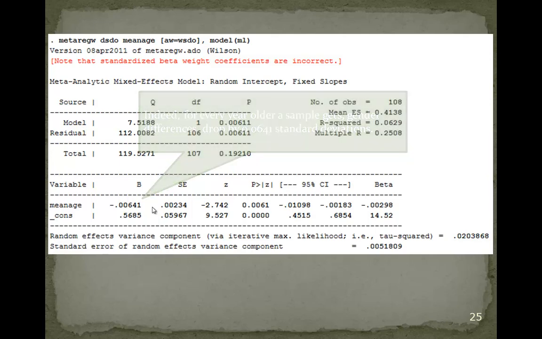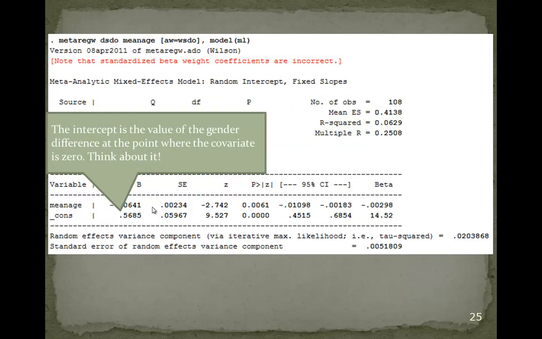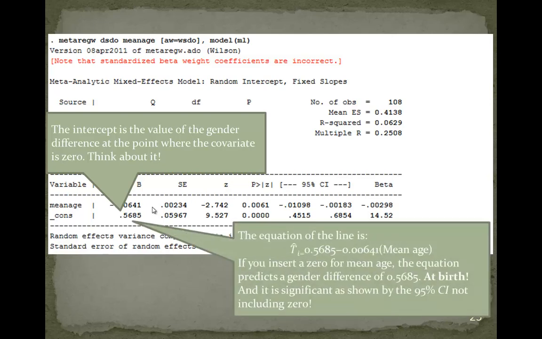Now, it gets a little trickier. You think about the constant. The intercept is the value of the gender difference at the point where the covariate is 0. Think about it. What are you evaluating in this model when you look at mean age? The equation of the line, let's spell it out, is just taking the terms that you see there where the arrows converge.